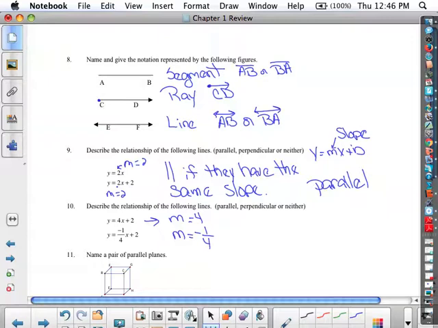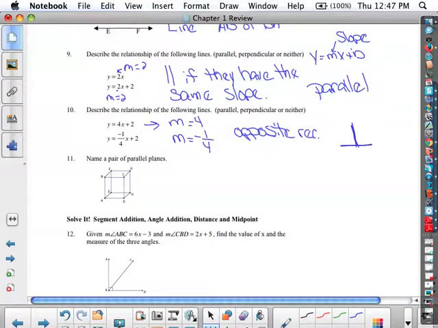These are opposite reciprocals. Because they are opposite reciprocals, it is perpendicular. The notation for perpendicular is this upside down T. They are perpendicular, and the notation is an upside down T.